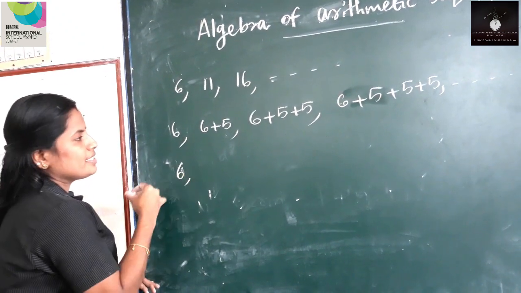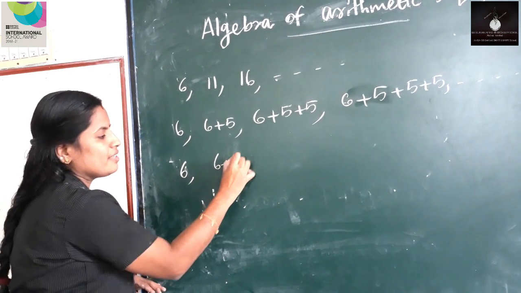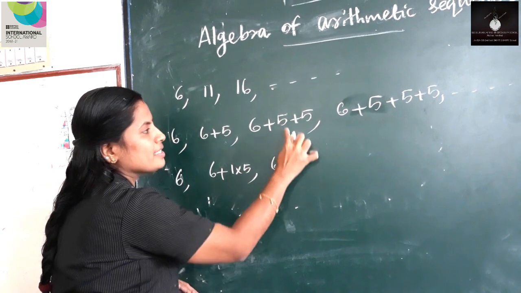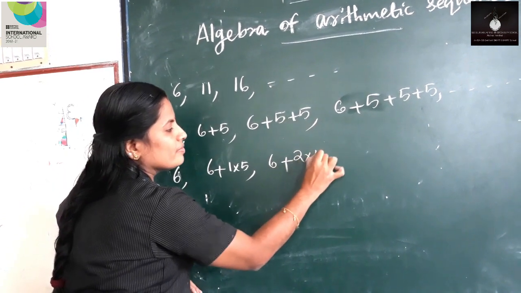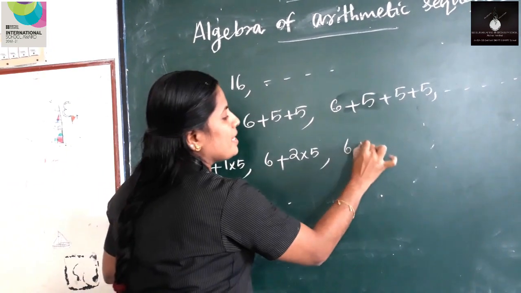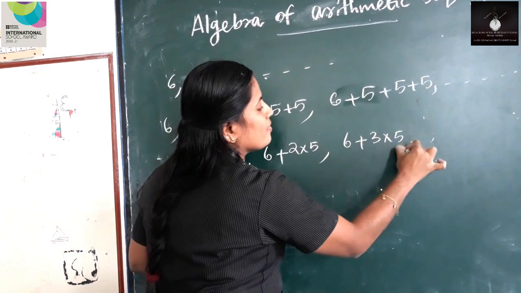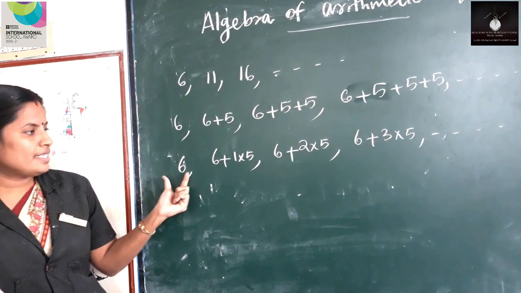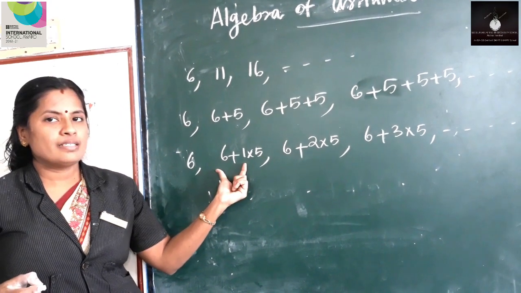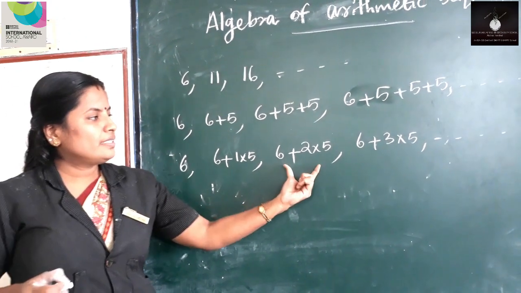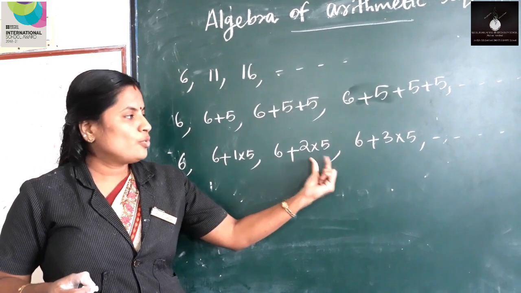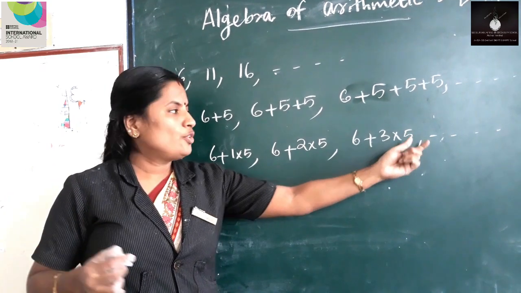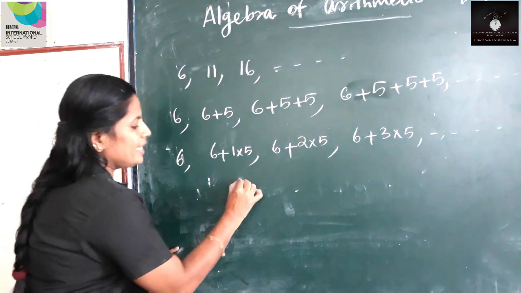So 6 plus 1 into 5, 6 plus 2 into 5, 6 plus 3 into 5 and so on. So the first term is 6, second term is 6 plus 1 into 5, third term is 6 plus 2 into 5 and fourth term is 6 plus 3 into 5. So what is the 10th term?